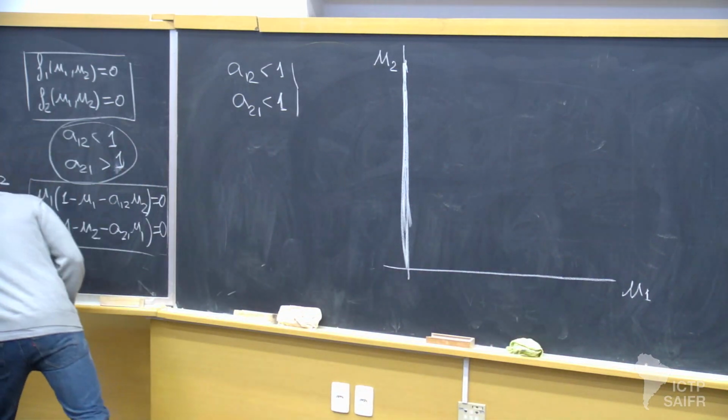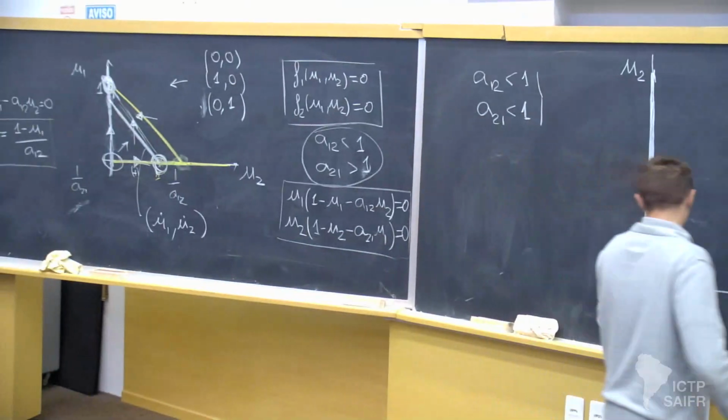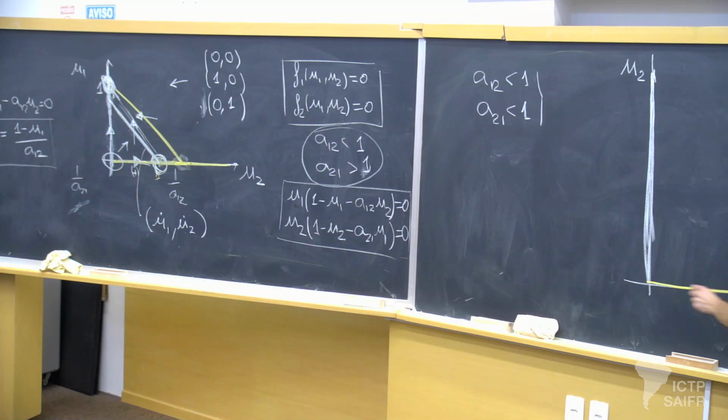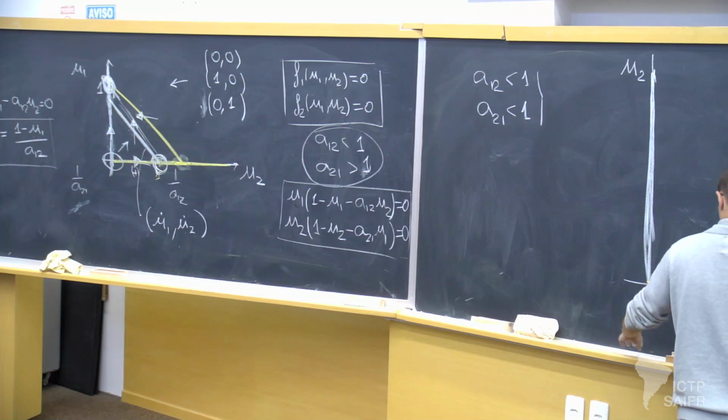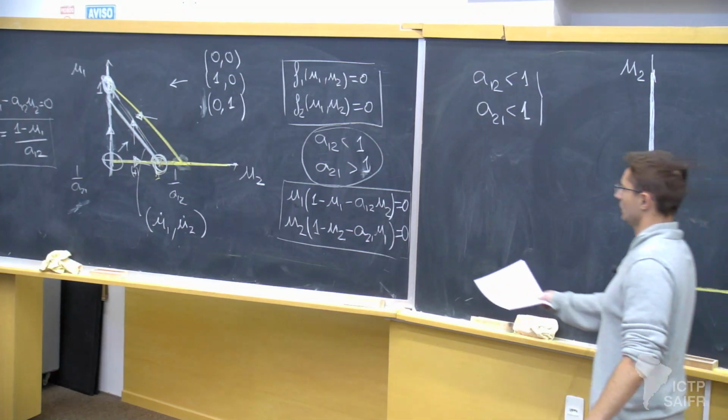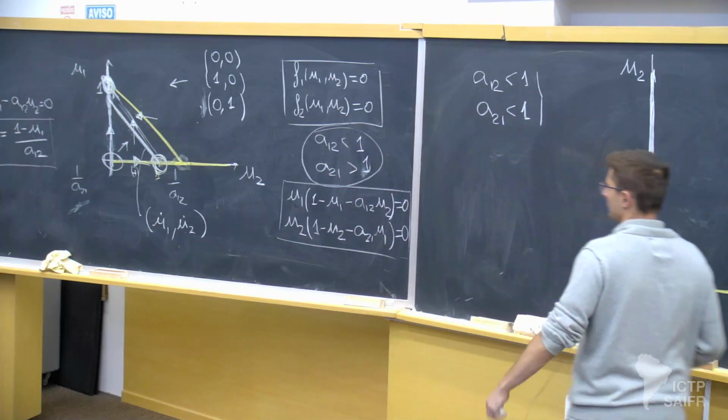Then we have U2 equal to 0. And then we have the other ones that come from the other factor.